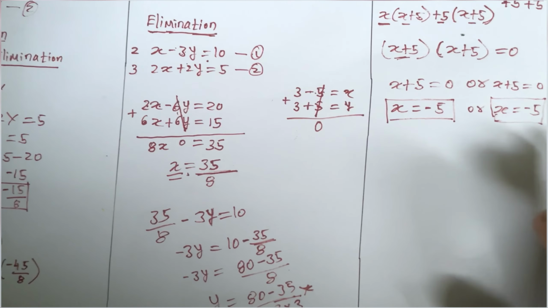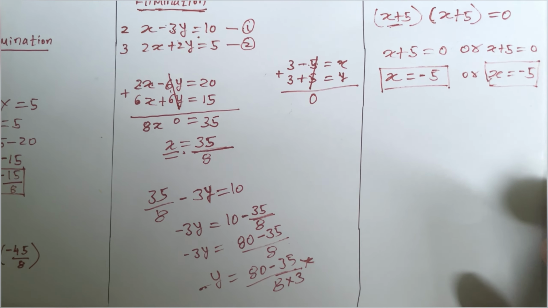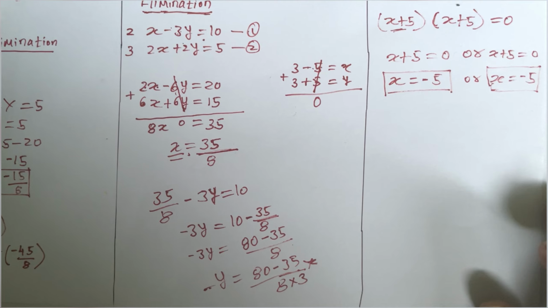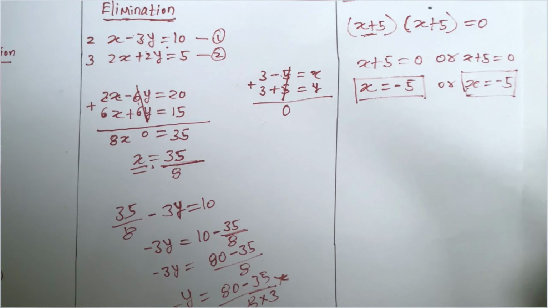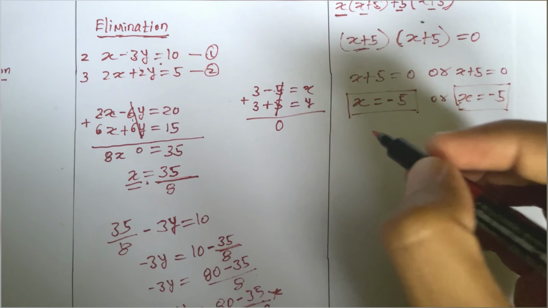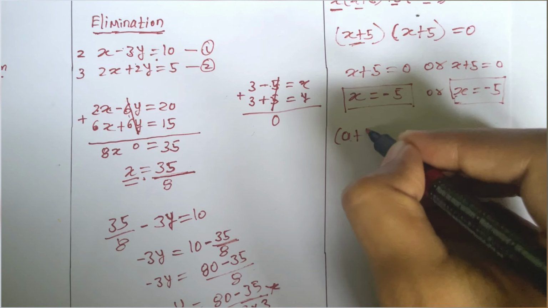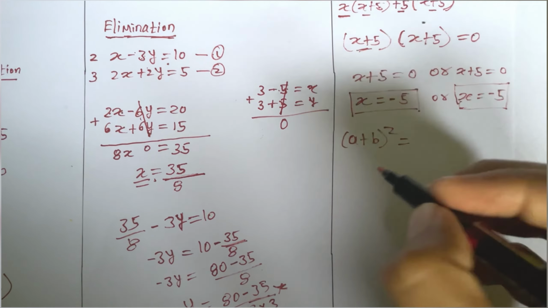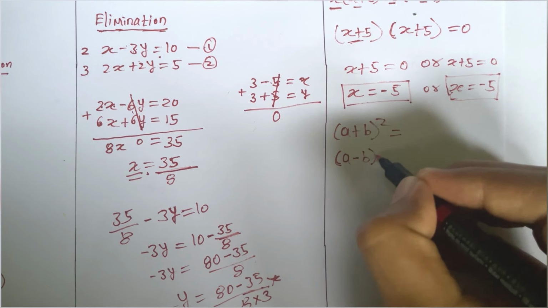Now I will explain some basic formulas: a plus b the whole square and a minus b the whole square.